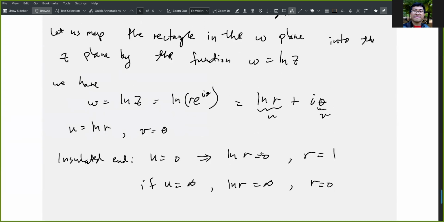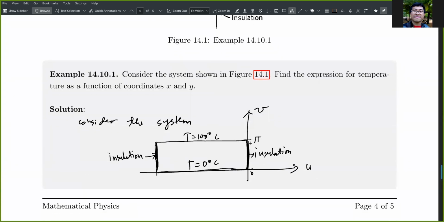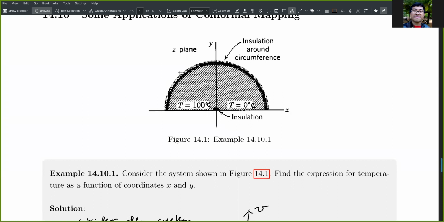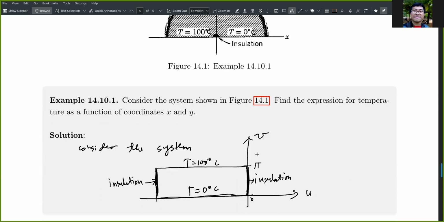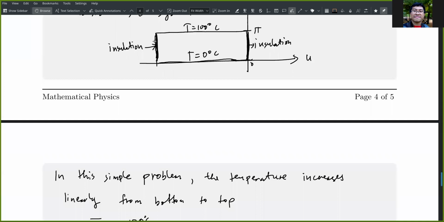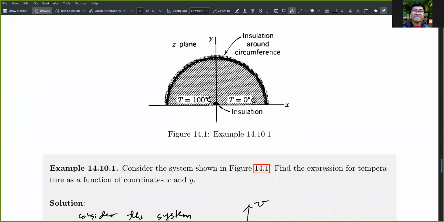So in the w plane, we have u equals 0 here, which corresponds to this semicircle here. Okay, so our insulation on this end is mapped into this semicircle. And the insulation here, if it's at infinity, gets mapped into this point at the origin.